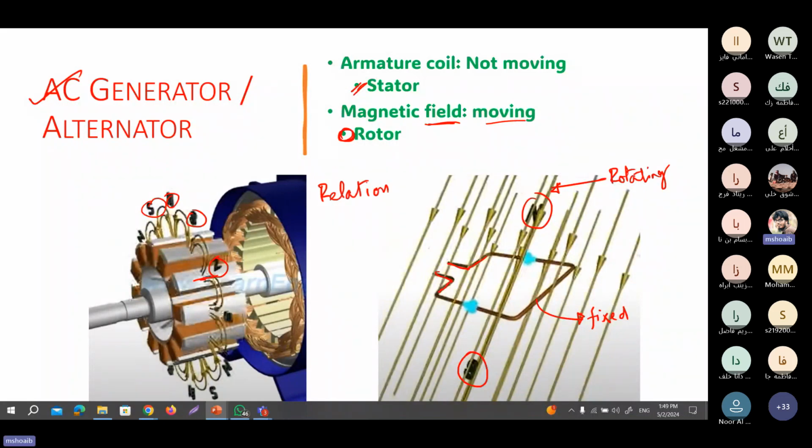We want relative motion, and d phi by dt is still present here. So we don't bother who is rotating and who is fixed. This is the AC generator or alternator. Up to now, I hope it is clear to the audience.